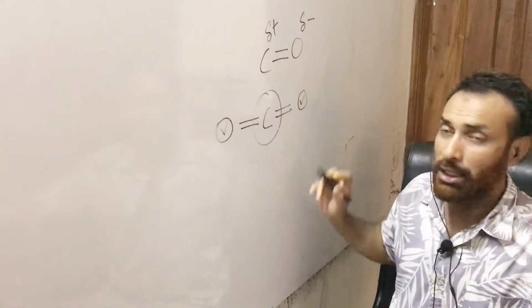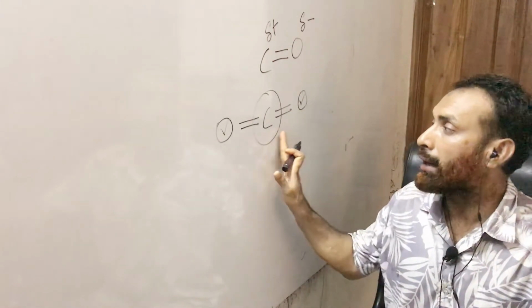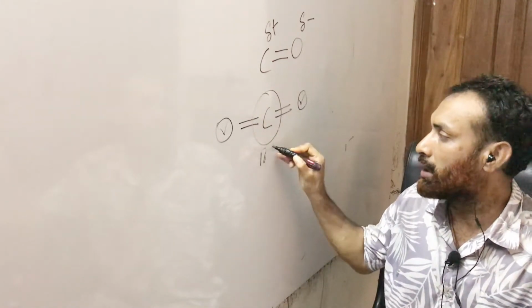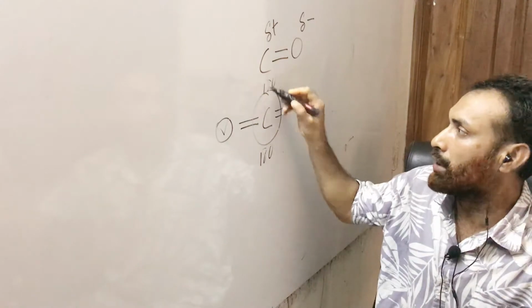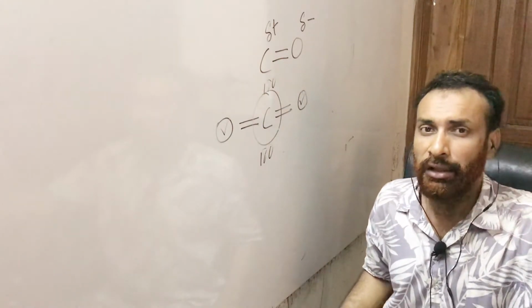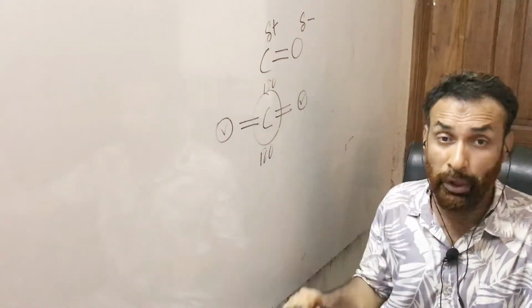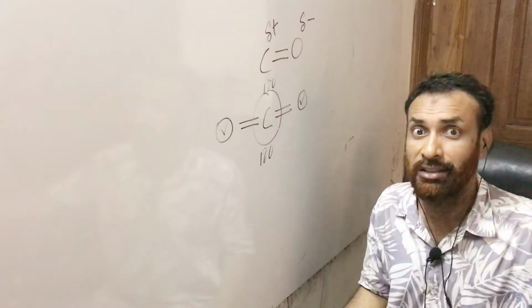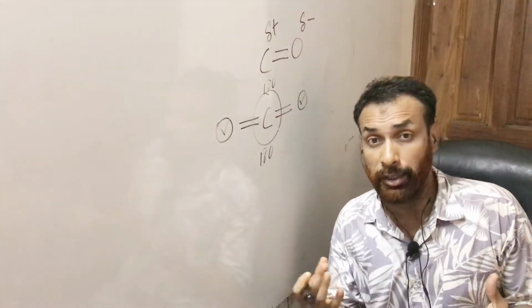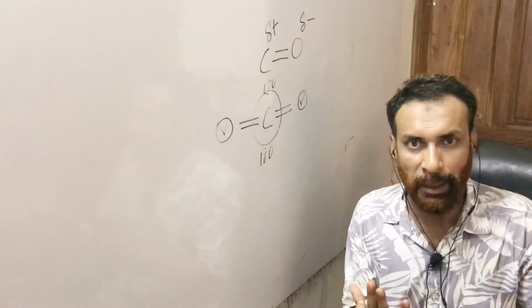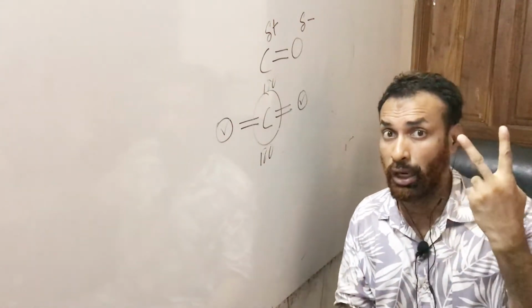So this is how we say that dipoles are cancelled. When these two atoms are the same, and the angles here are 180 and here also 180 on both sides, these two properties together we call symmetric. Symmetric means very same. A shape or a molecule is symmetric under two conditions.